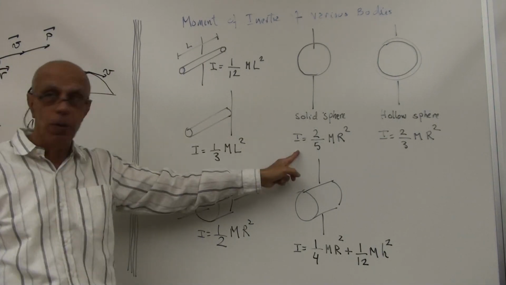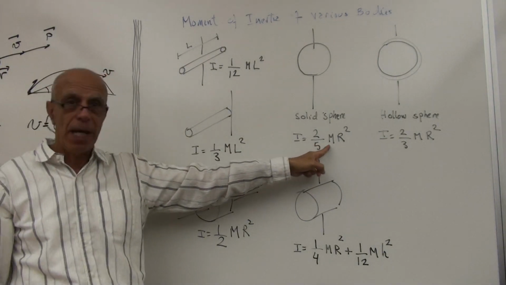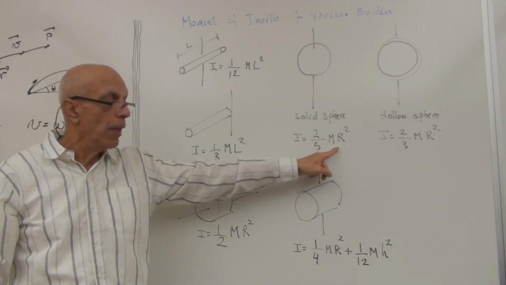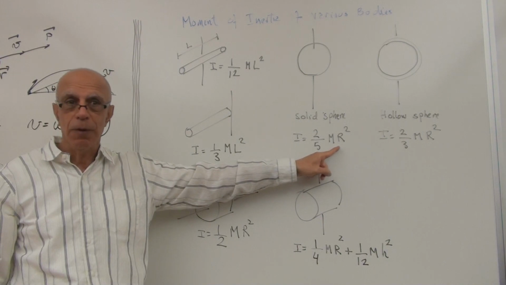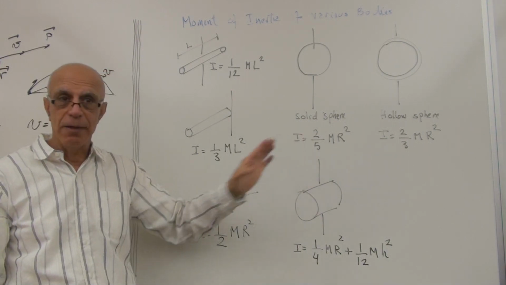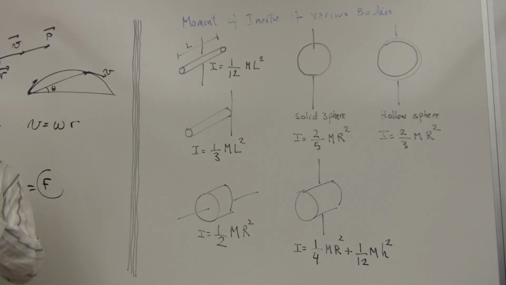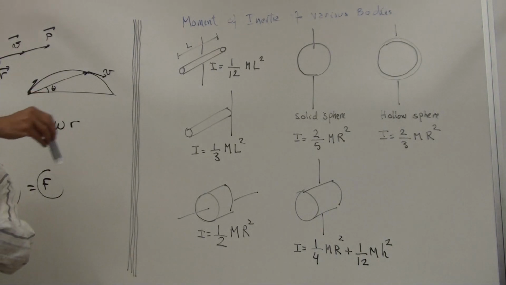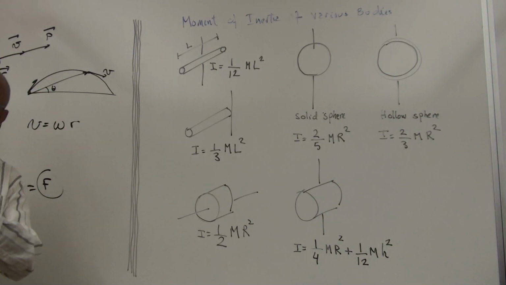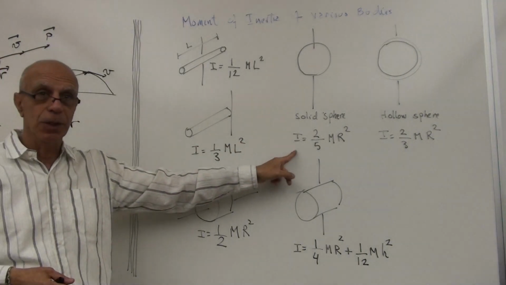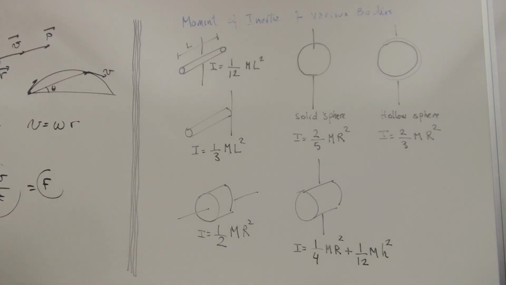To calculate it, you put the mass of the Moon, the radius, the diameter divided by 2, and 2/5. That's the moment of inertia. If you want the moment of inertia in relation to the Earth, at the center the Moon is rotating around, you also have to add the distance from the Earth to the Moon to calculate the total moment of inertia.